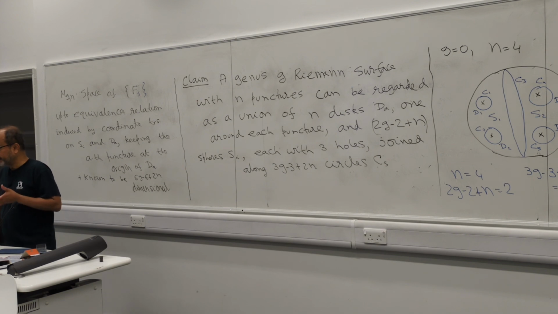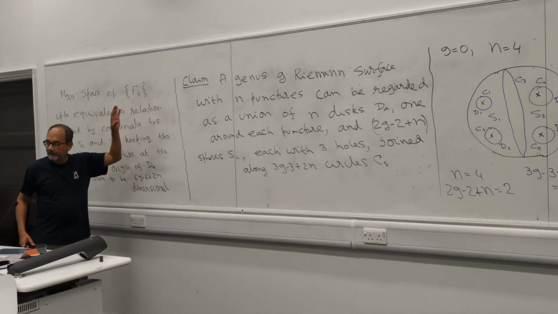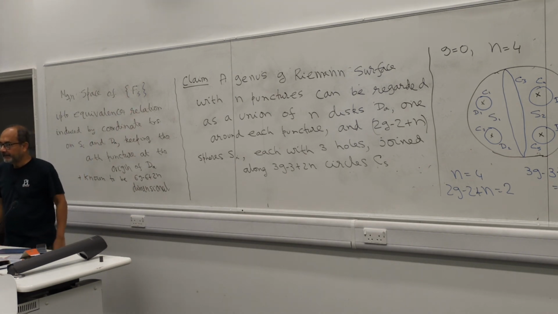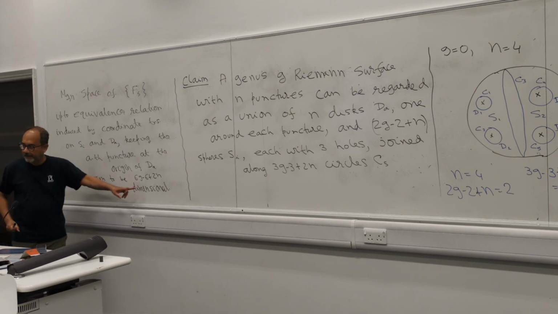So that's the equivalence relation: any change of coordinates inside the disk or inside the sphere, which are non-singular in their respective domains, is allowed, and that can change the transition function, but that new transition function is declared to be the same as the old one. And the non-trivial statement is that the set of all transition functions modulo this equivalence relation is a finite dimensional space, and that dimension is 6g minus 6 plus 2n.